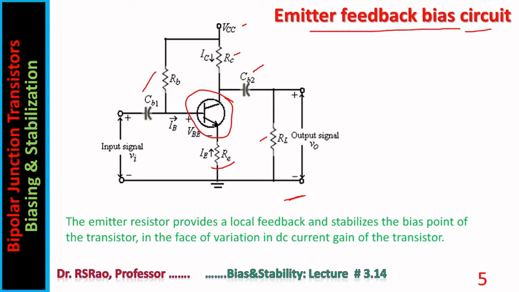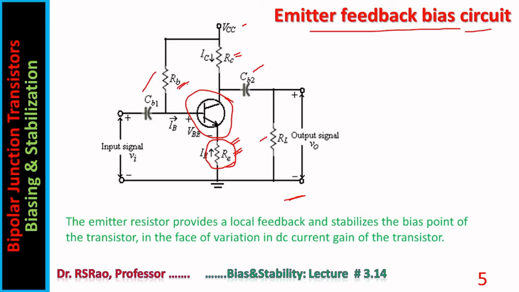New is existence of a resistor in emitter terminal, RE. RE is added. Notice RE is meant for providing stability. As RC is to provide safety, RE is to provide stability.